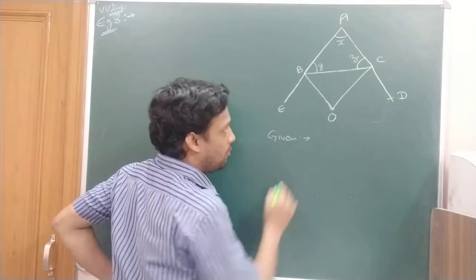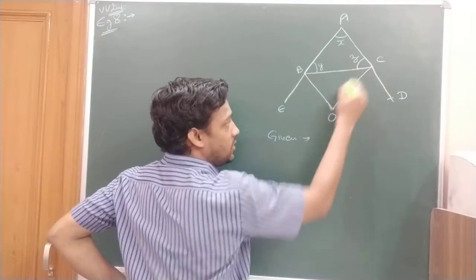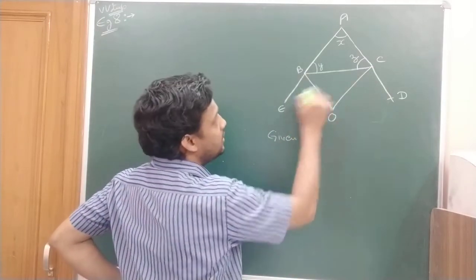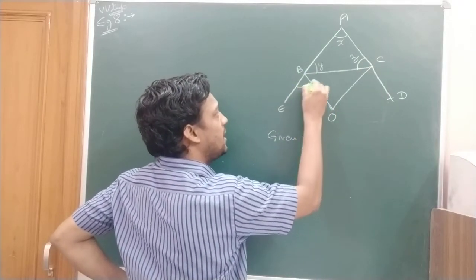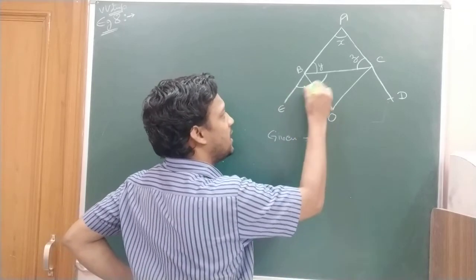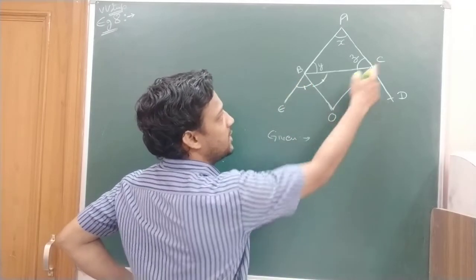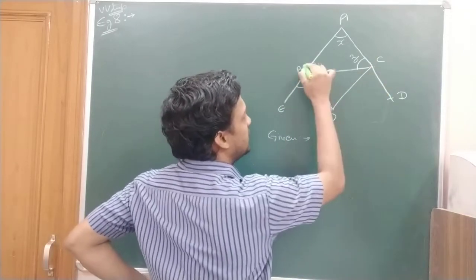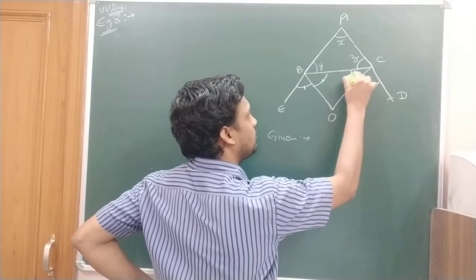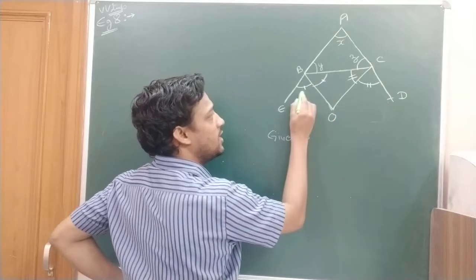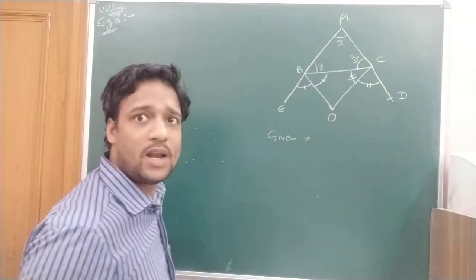The bisectors OB and OC of angles CBE and BCD. It means both angles are equal, because OB is a bisector of CBE and OC is a bisector of BCD. Single line equals single line and double line equals double line angle.